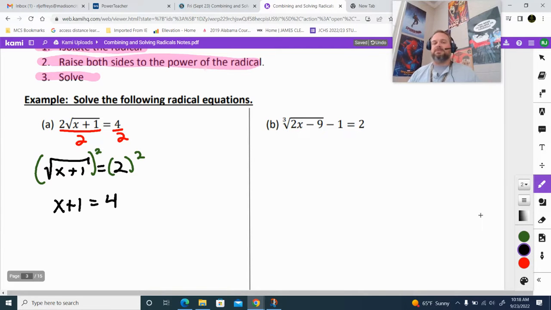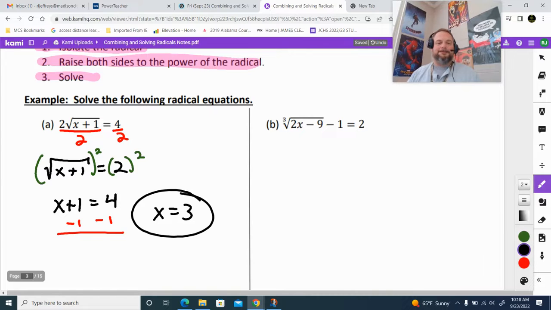Now we just have x plus 1 on one side and 4 on the other. I wonder how we're going to solve. Yeah, subtract 1. Yes, finally somebody said something really quick, made me feel better. Bam! X equals 3.